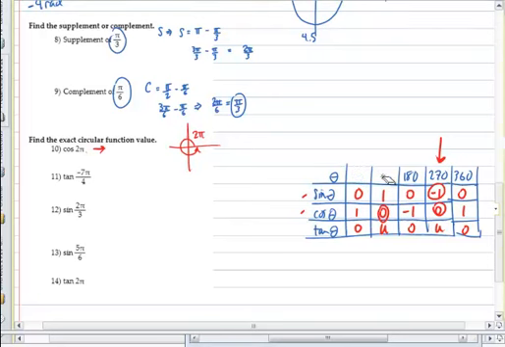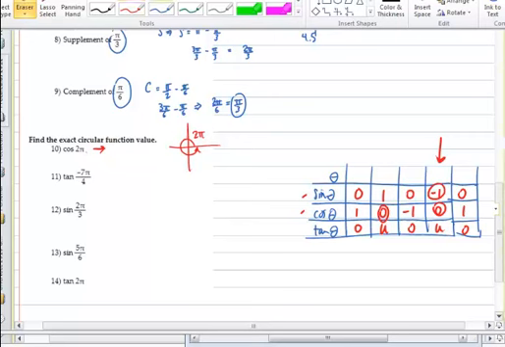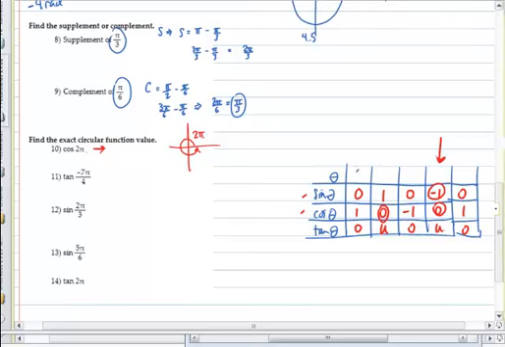So I'll just change those to what we were talking about in class today. This would be 0, pi over 2, pi, 3 pi over 2, and 2 pi. So the cosine of 2 pi is going to be equal to 1.